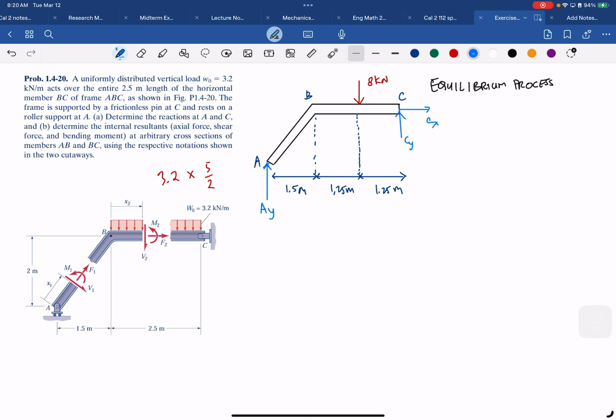So what's next is we take this into the statics equilibrium. Because we want to know the reactions at point A and point C, we can directly take the sum of moments, and I will start with C, with clockwise as positive.